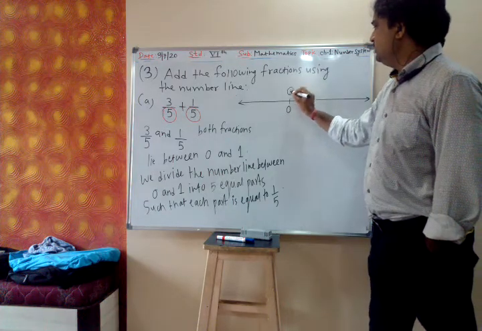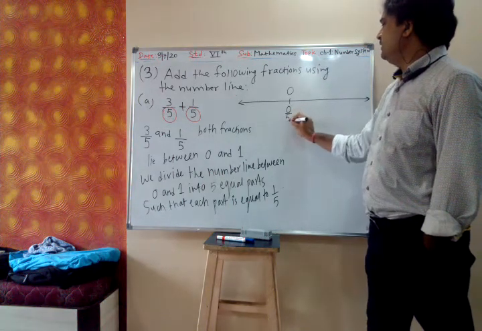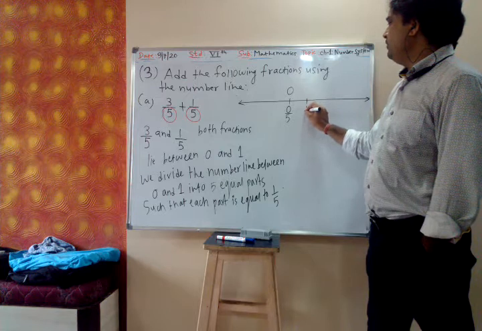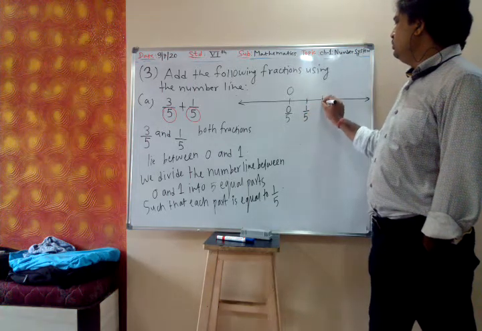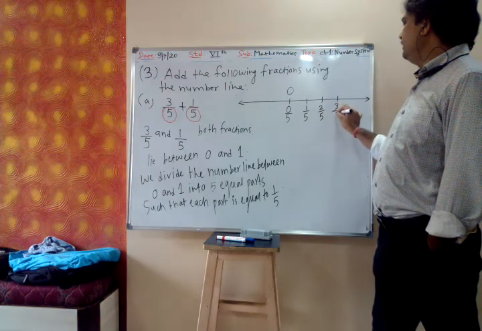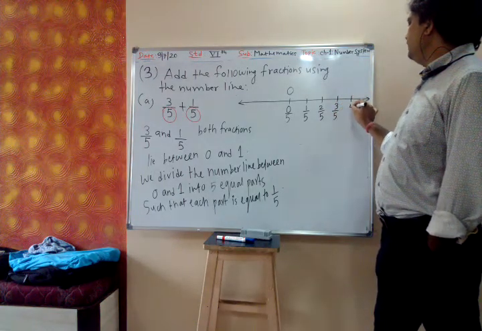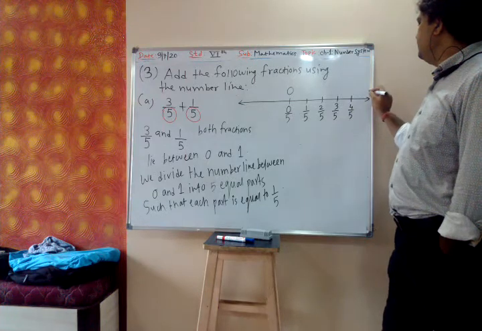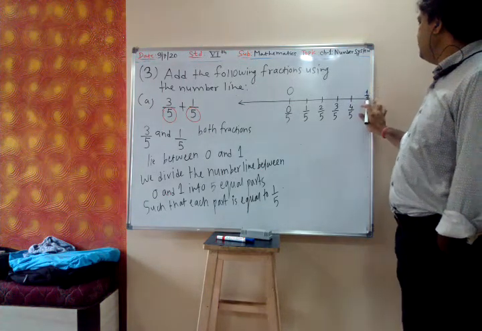Yes, right. 0 I can write as 0 upon 5, then 1 upon 5, then 2 upon 5, then 3 upon 5, then 4 upon 5. We divide the number line between 0 and 1 into 5 equal parts.